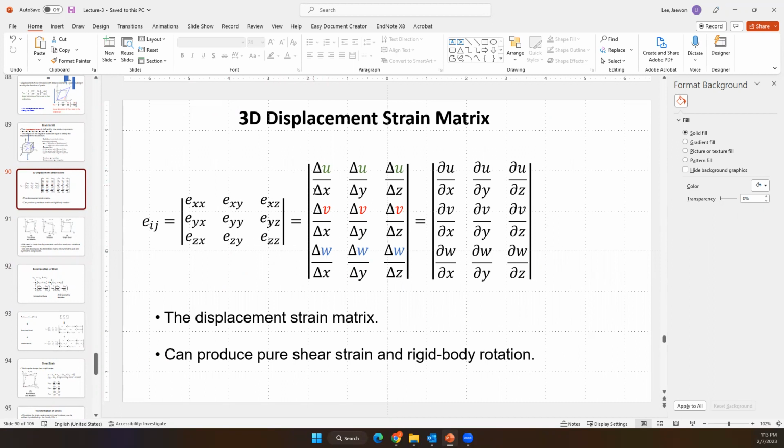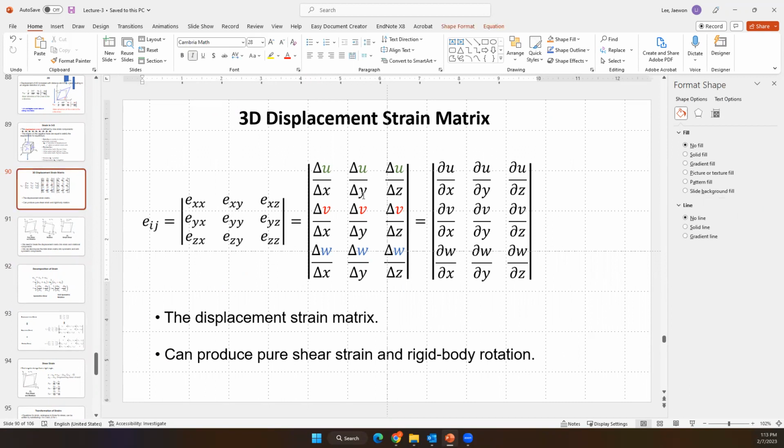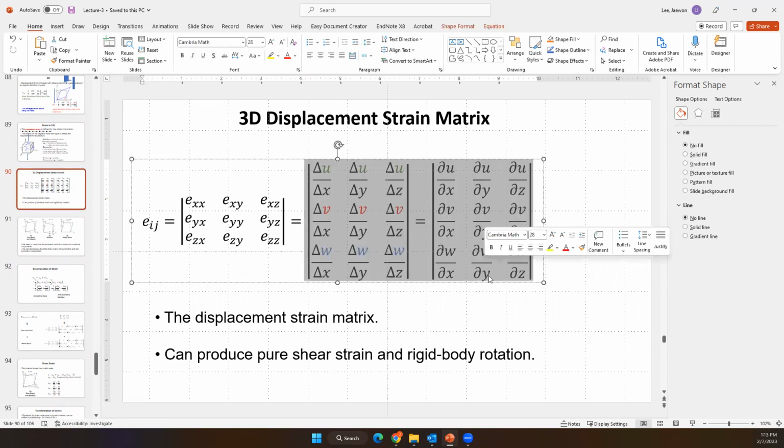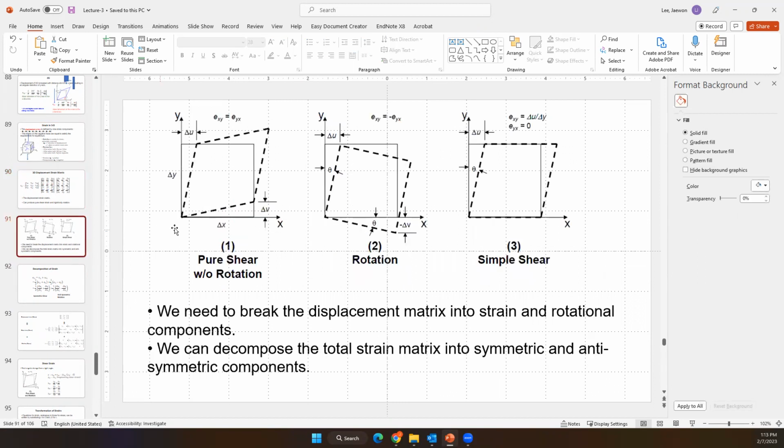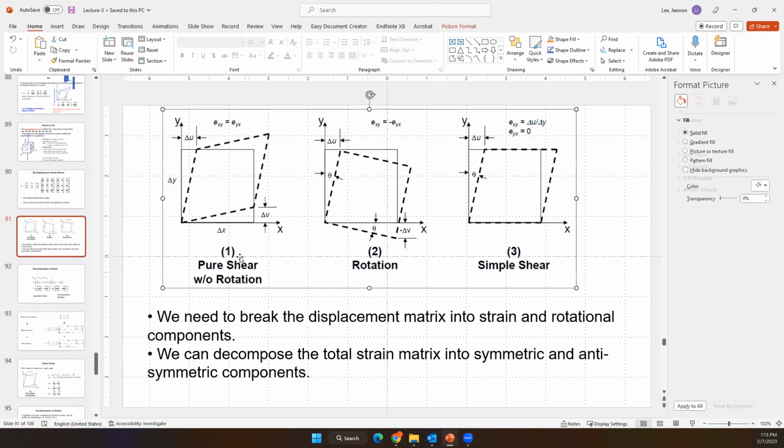So it is all related to the deformation. And then they're going to produce the shear strain with various rotations. So if we consider the rotation, shear rotation like this.